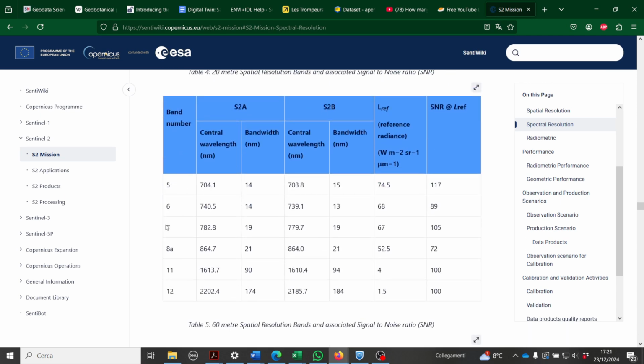Then you see they have a different numbering for the 6 bands of the 20-meter dataset, that is the bands number 5, 6, 7, 8A, 11 and 12.